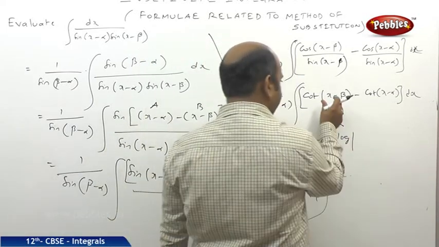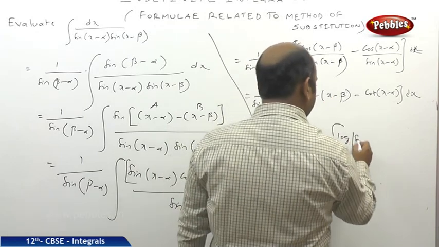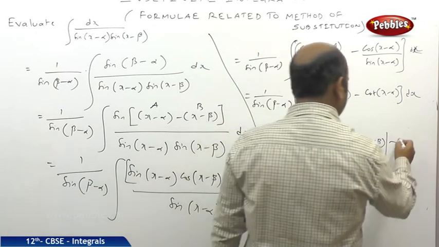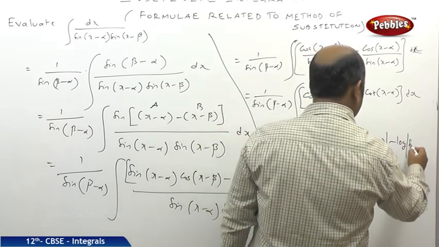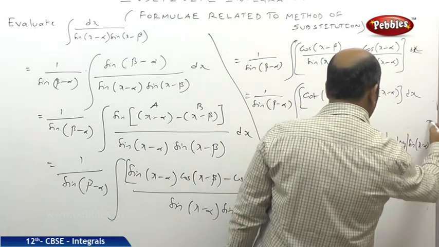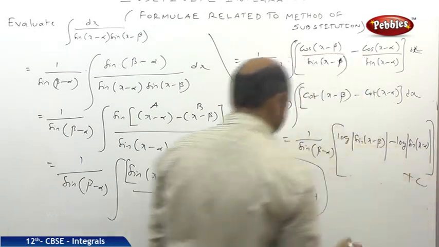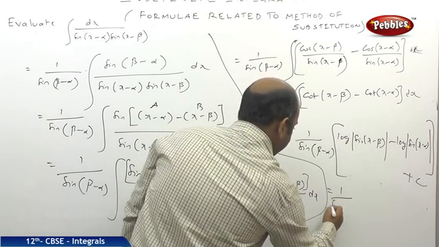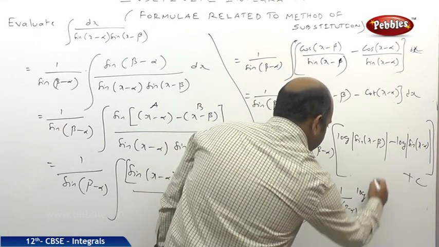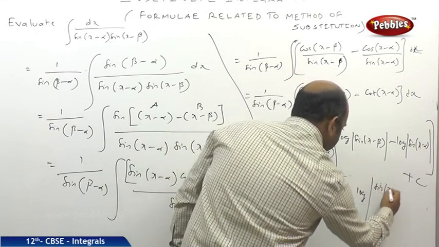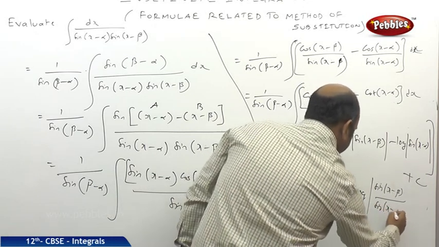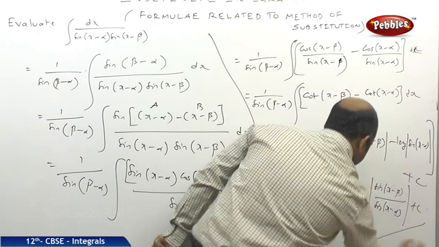Here it is log mod sine of x minus beta, minus here also log mod sine of x minus alpha, bracket close, plus c. So finally this can be written as 1 by sine of beta minus alpha log mod sine of x minus beta by sine of x minus alpha plus c.